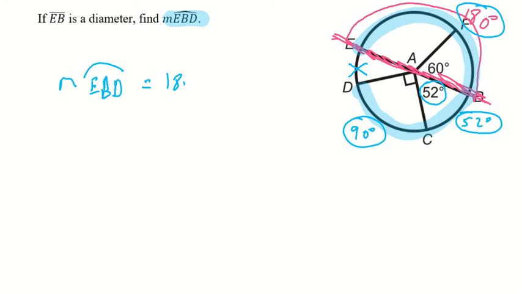So we can add the 180 plus the 52 and the 90 and find the measure of arc EBD equals 322 degrees.